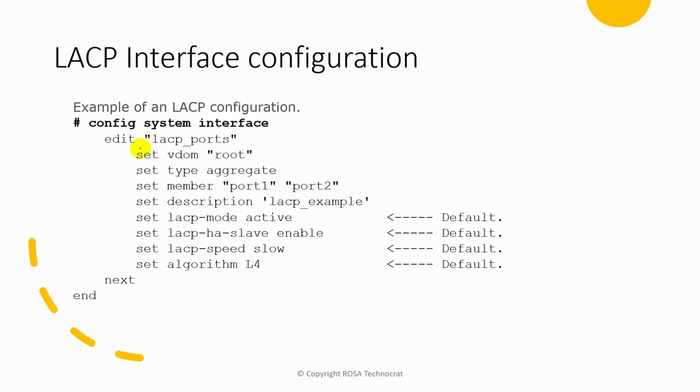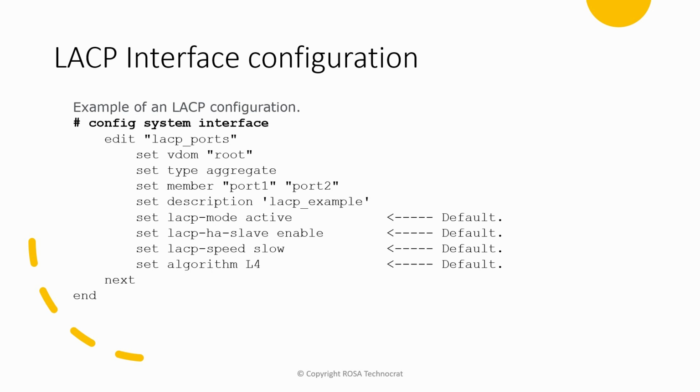Okay, so now this is an example of an LACP interface configuration which we can do. We have to go under config system interface and edit LACP port. Edit LACP port is any name that you give. It can be LAG1, inside-lag, or any custom name that you want to define.